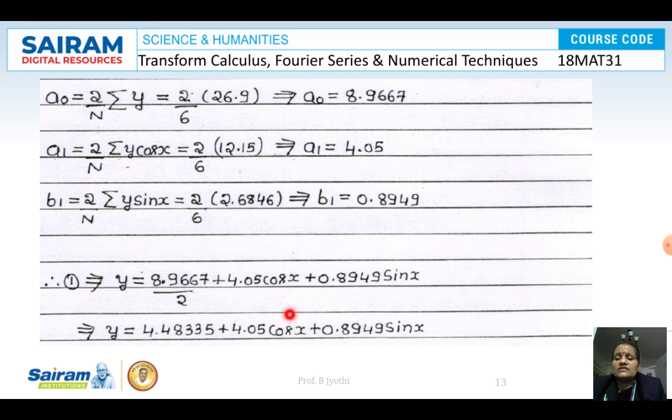Now all these values need to be substituted in y, where y is given by a0 by 2, that is 8.9667 by 2, plus a1 cos x, that is 4.05 cos x, plus b1 sin x, that is 0.8949 sin x. Dividing 8.9667 by 2 we get 4.48335 plus 4.05 cos x plus 0.8949 sin x. This is the required series.